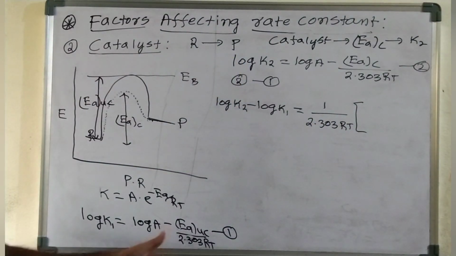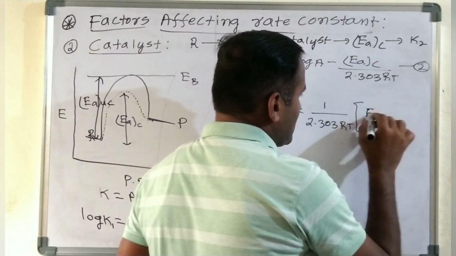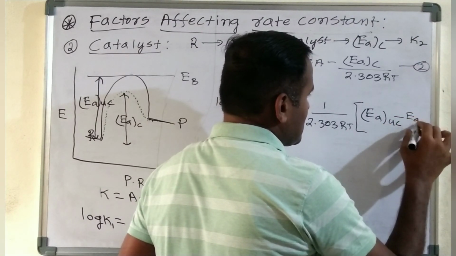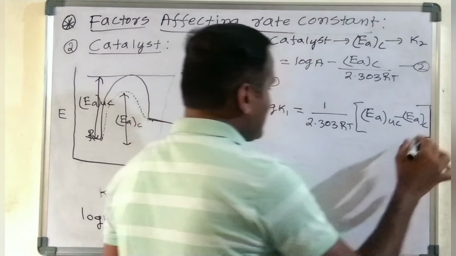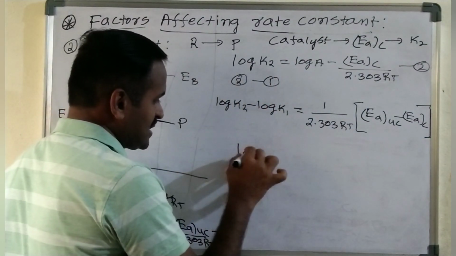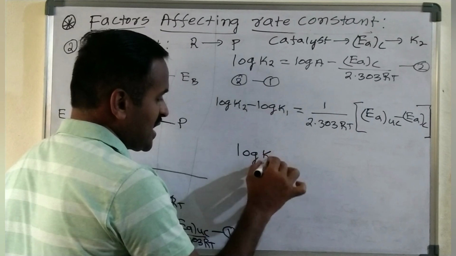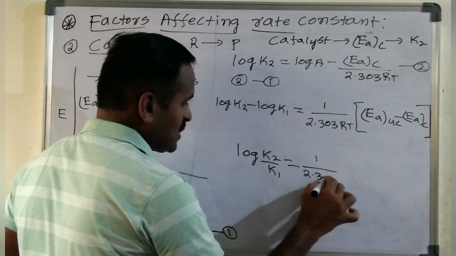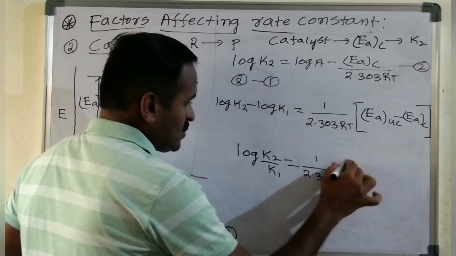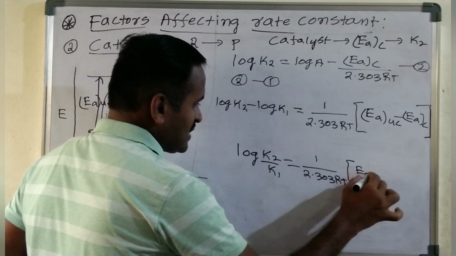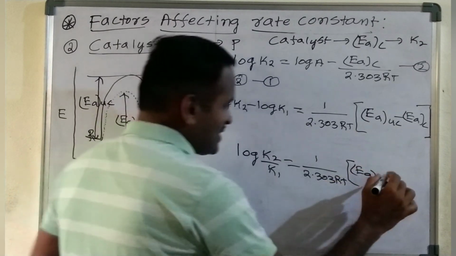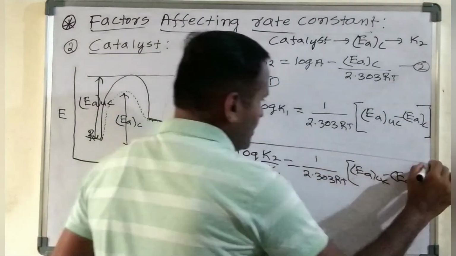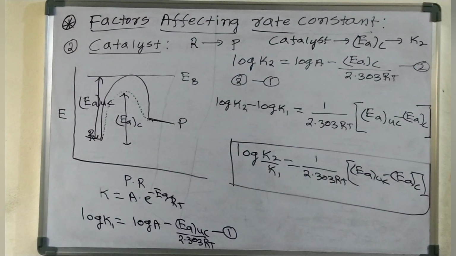Minus of minus becomes a plus, so I can write the activation energy of uncatalyst minus the activation energy of catalyst. So log K2 by K1 equals 1 by 2.303 RT into the activation energy of uncatalyst minus the activation energy of catalyst. This is the formula we get whenever we are using the catalyst.